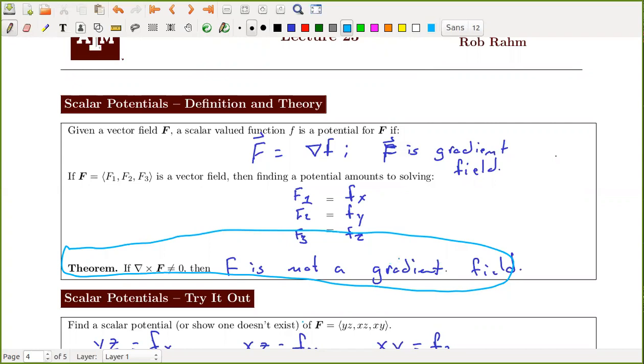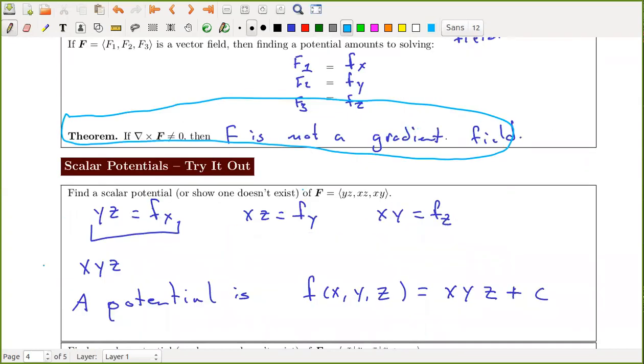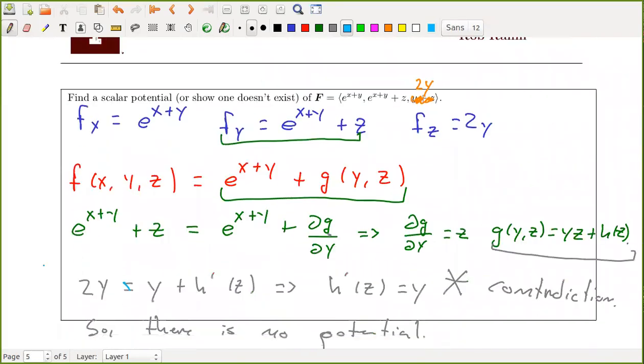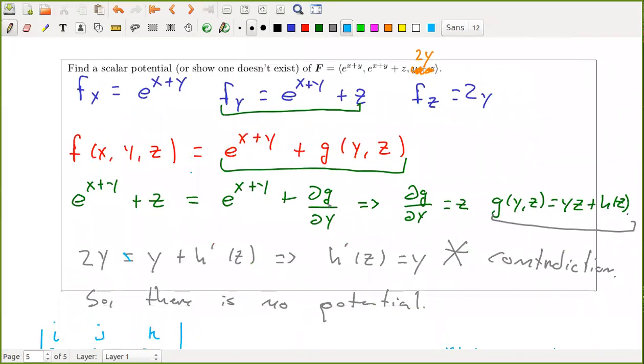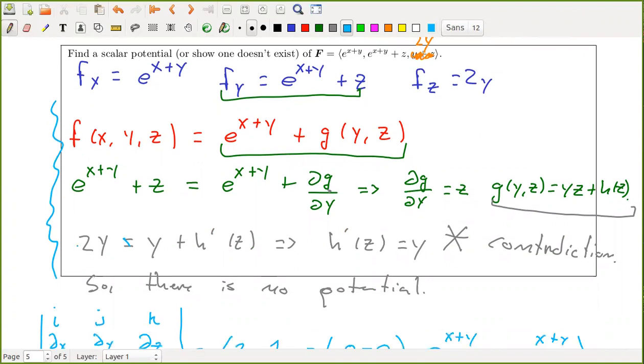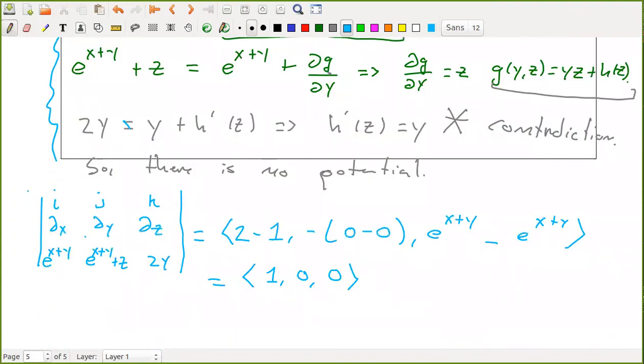In other words, there is no scalar valued f such that F is equal to the gradient of that function. So that's another way that we could show that no potential exists. One way that we could show that a potential doesn't exist is to go through this process that we did here, show that it leads to a contradiction, so no potential can exist. Another way is just to compute the curl. If the curl is not equal to 0, then a potential does not exist.